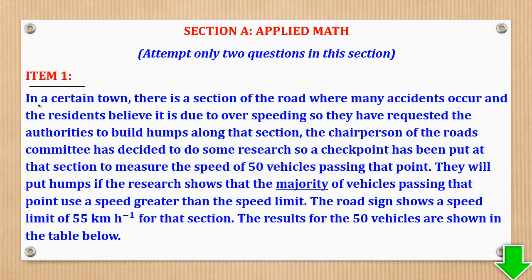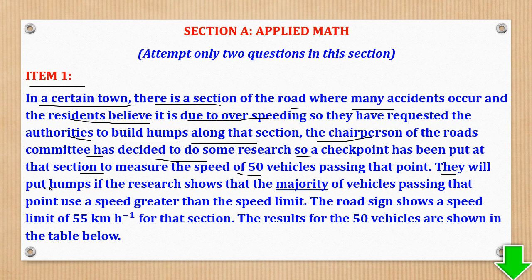So item 1 says, in a certain town, there is a section of the road where many accidents occur, and the residents believe it is due to overspeeding. So they have requested the authorities to build humps along that section. The chairperson of the roads committee has decided to do some research. So a checkpoint has been put at that section to measure the speed of 50 vehicles passing that point.